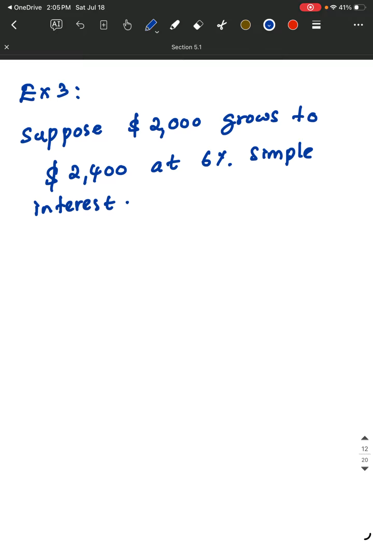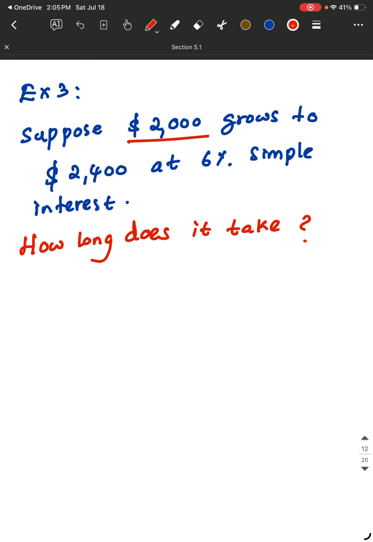Then how long does it take? Okay, so we have principal amount $2,000. It grows up to $2,400 at 6% annual interest rate, but we don't know how long it will take. How long does it take?